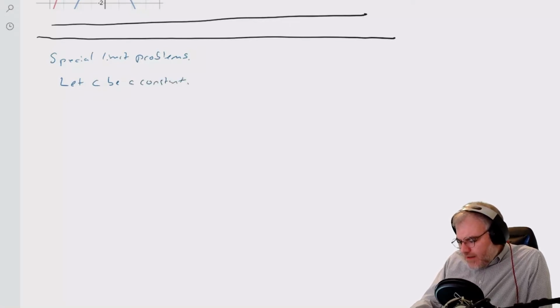And then find the limit as x goes to 2 of sine of c x minus 2 over 2cx minus 4.